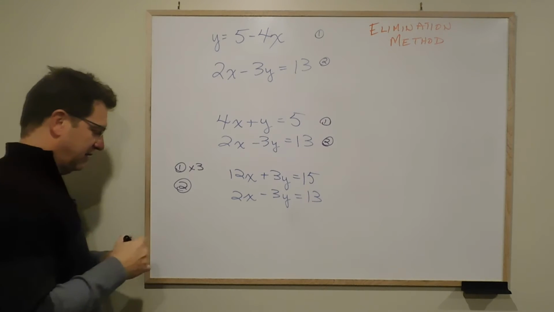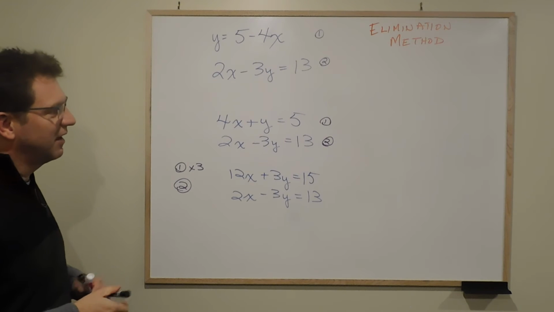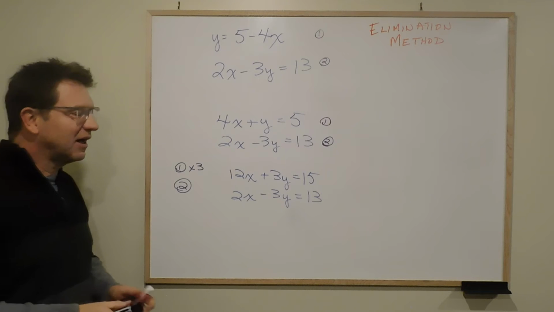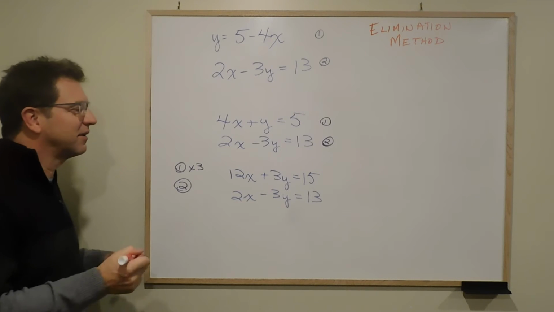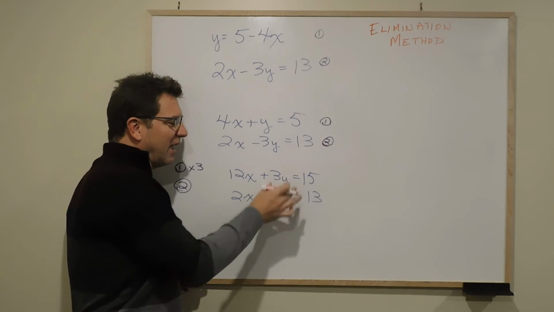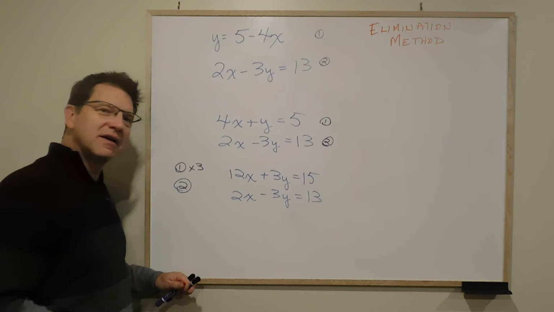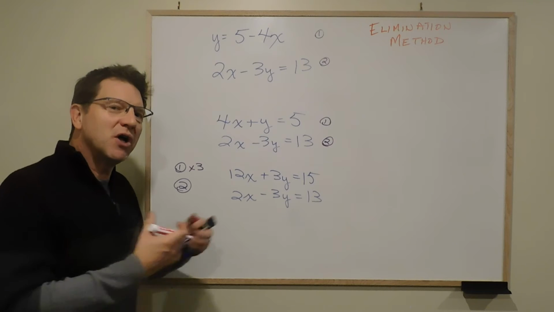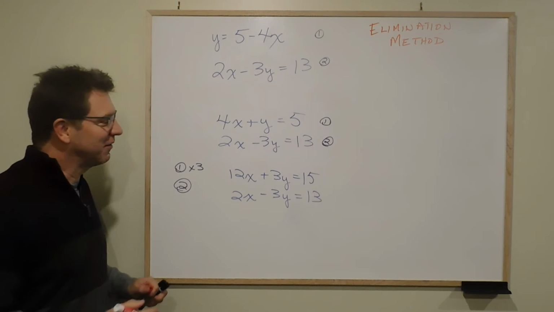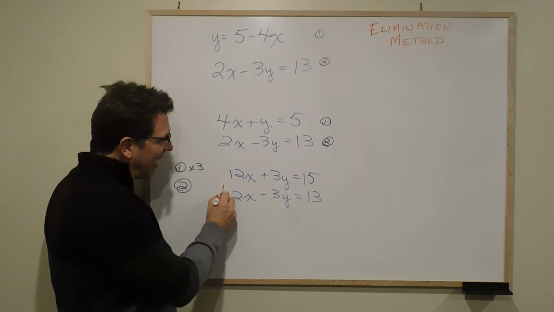Equals 13. And now I have to ask myself, how do I get rid of this? Last time we subtracted, but we can't subtract this time, because I have a 3y and a negative 3y. And 3y plus negative 3y is 0, and I need to get something to 0. So I'm actually going to add.